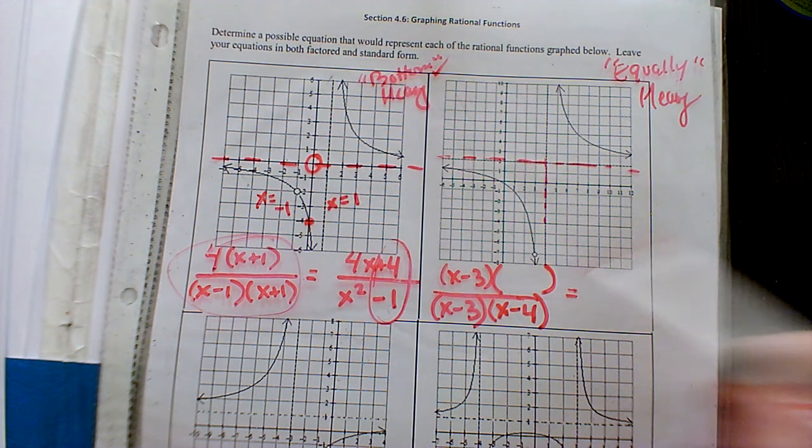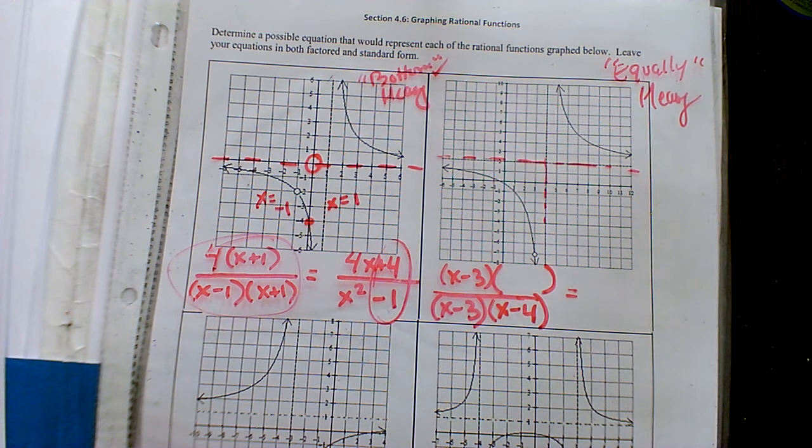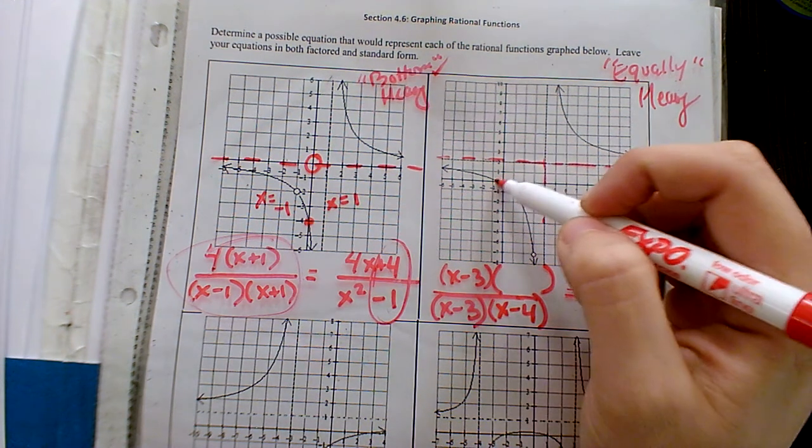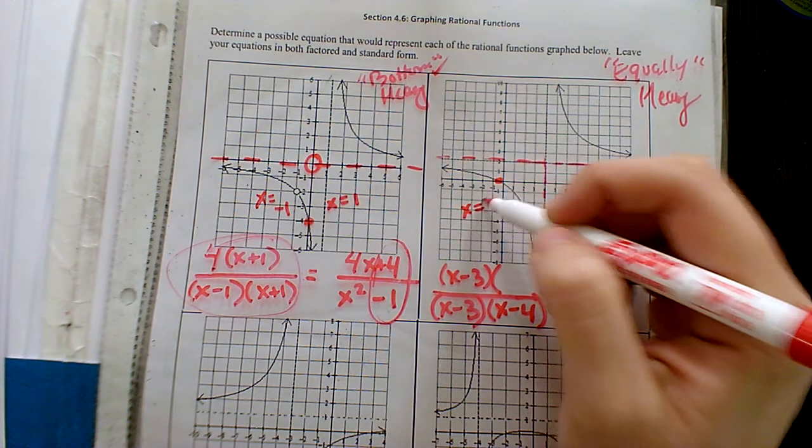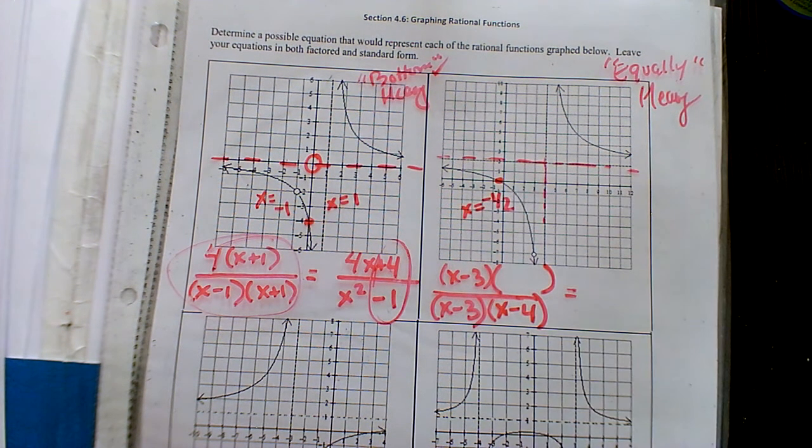Can we kind of figure out what this missing one is? Where'd that come from? Okay, so x equals negative 1/2. What would the related factor be?